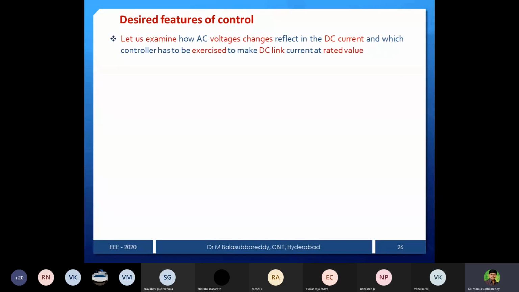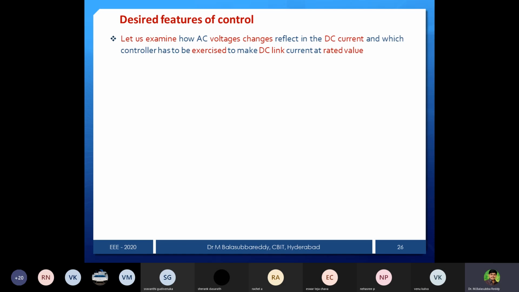Then let us examine how AC voltage changes reflect in the DC current.